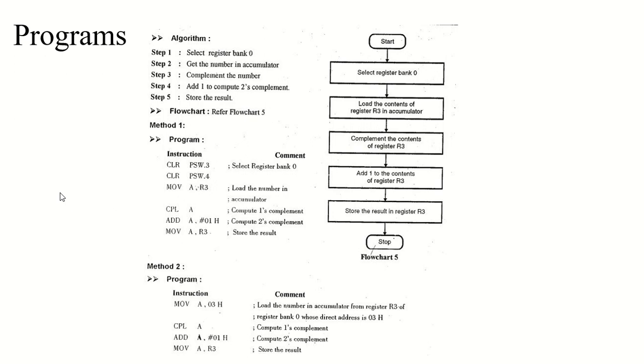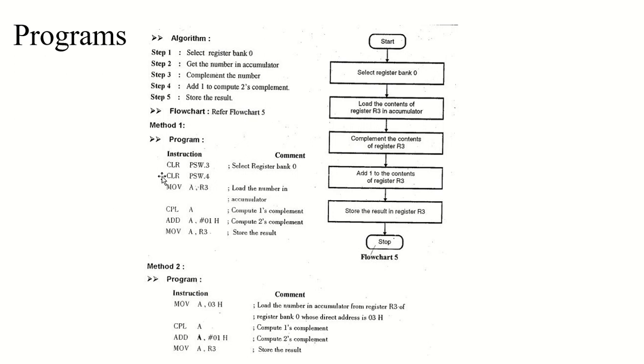And in the final instruction, you will simply move the content of the A register or accumulator into the R3 register, which will be equivalent to storing the result in the R3 register of bank 0 directly. So that way it would be more simple. And remember, as I've already mentioned earlier, even if you skip the first two instructions, it wouldn't matter at all.